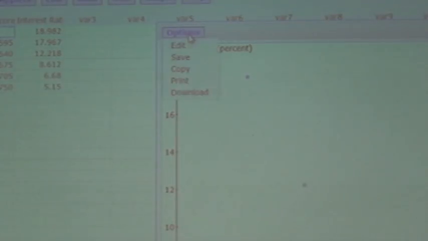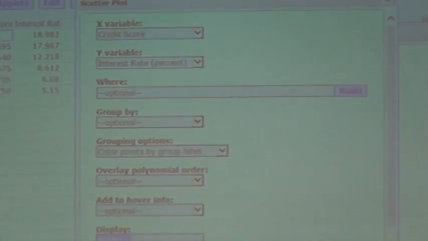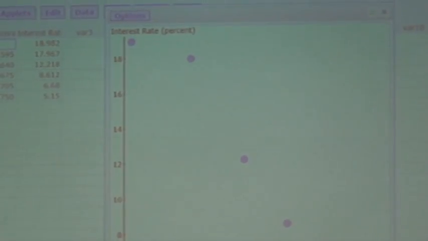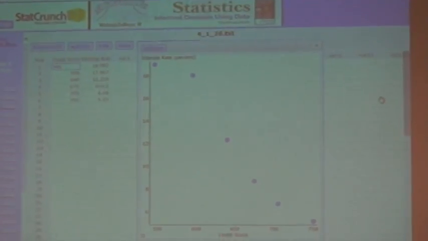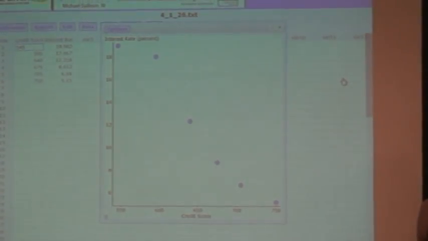For the video, I'll make my point size a little bigger. Here we go. It looks like we have a really nice negative linear pattern there. Do you agree? Okay, so the first thing we would do is a scatter plot.